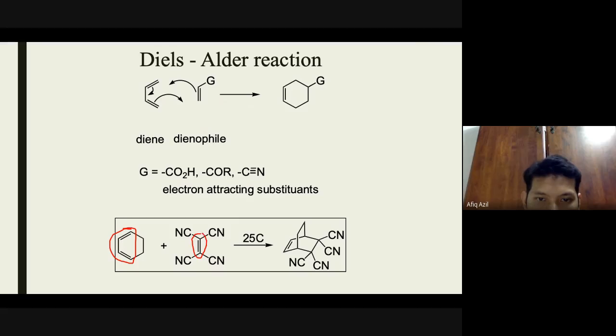And what you have to know is this carbon over here must form a new bond with this carbon, and as well as this carbon must form a new bond with this carbon. The rest, the substituents, will stay.